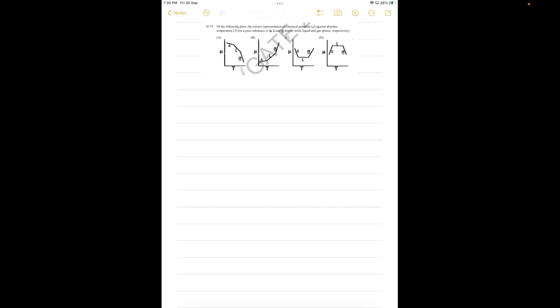So the 4 options are given. We have to find out the correct representation of chemical potential versus absolute temperature.